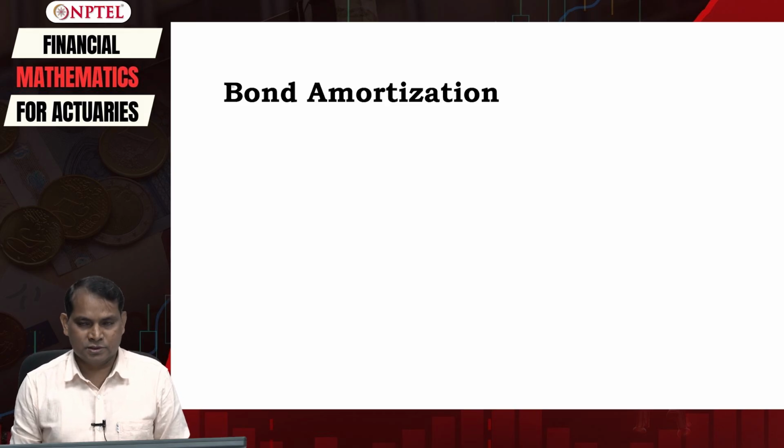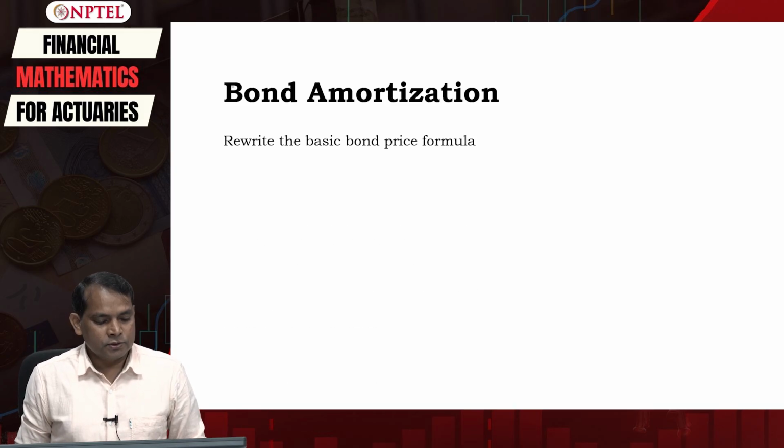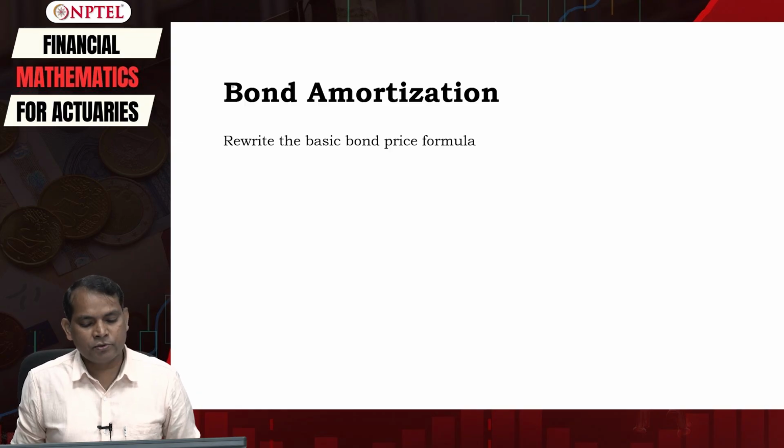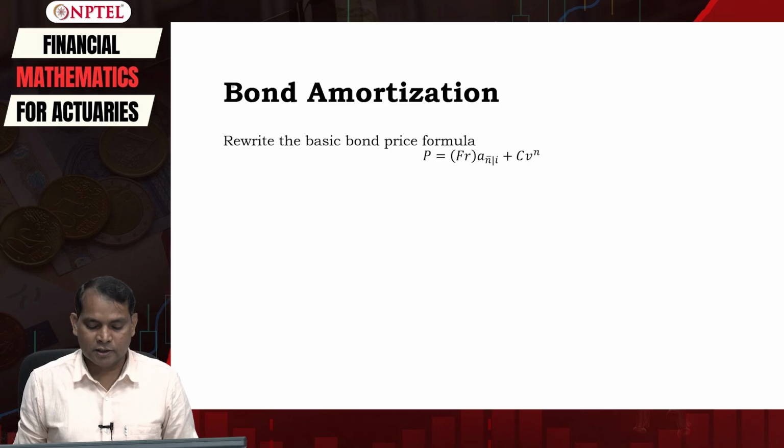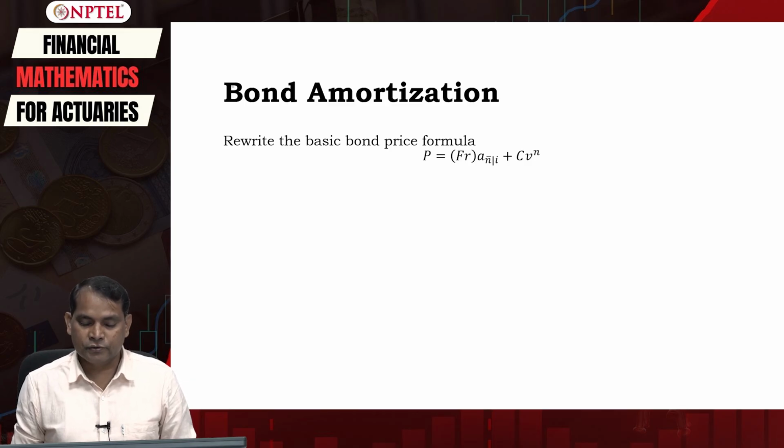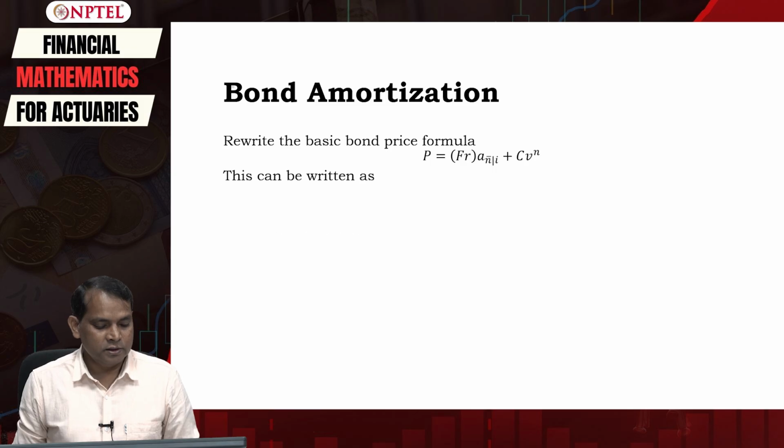Let's rewrite the basic bond price formula again, which is P = FR a angle n at i + C v^n.